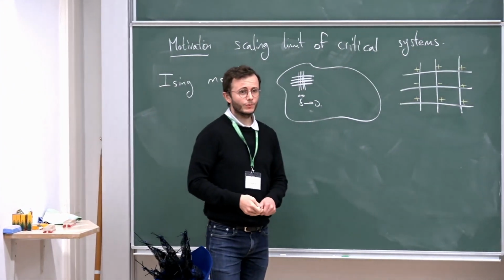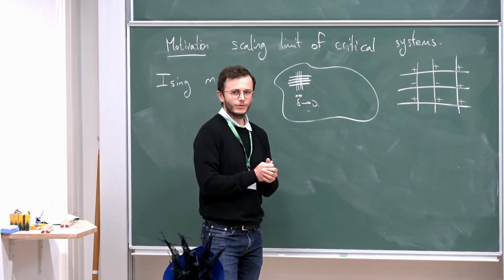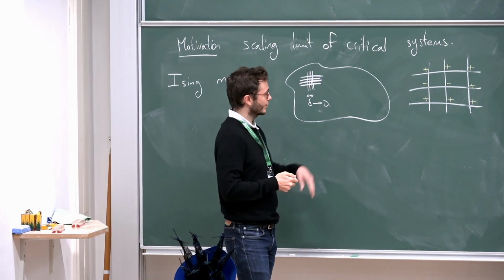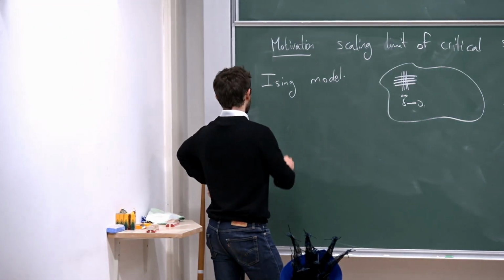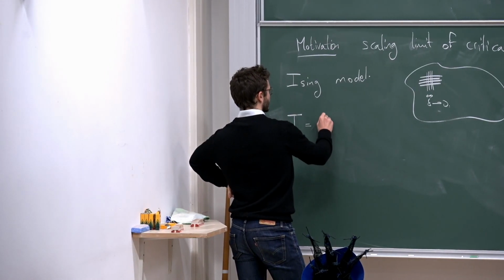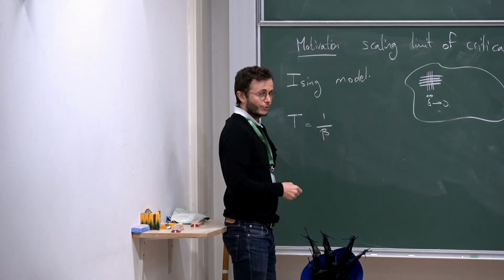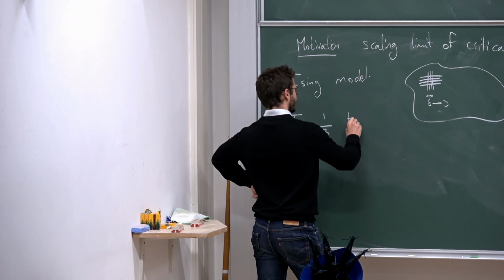And I have a parameter in my model. I'm not going to describe exactly the probability of a configuration, but there is a parameter, the temperature T, which is often written as 1 over beta.